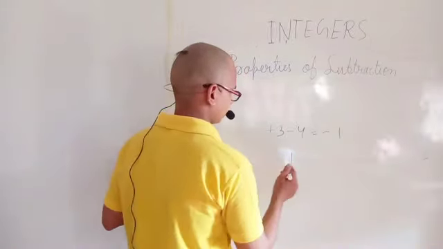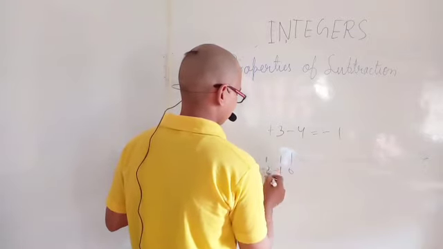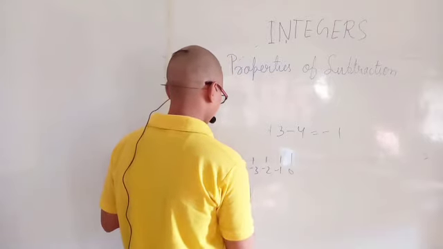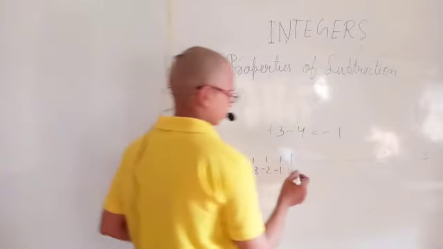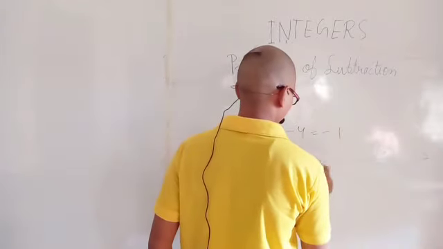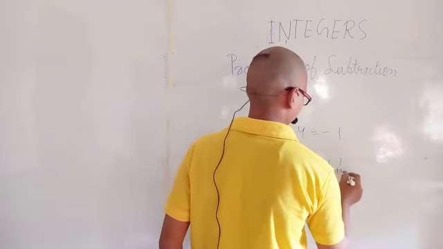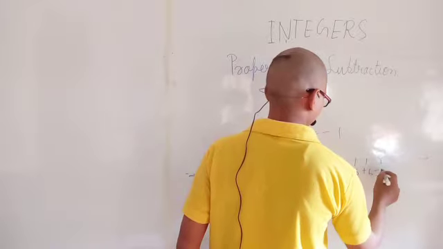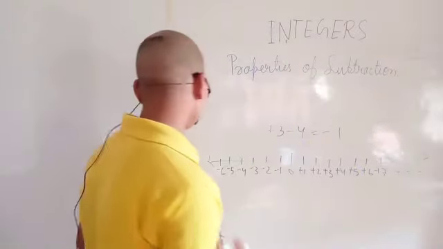Okay, so now this will be 0, minus 1, minus 2, minus 3, minus 4, minus 5, minus 6. Okay, it will continue to minus infinity. In that way there plus 1, plus 2, plus 3, plus 4, plus 5, plus 6, plus 7. In that way it will continue where we need.